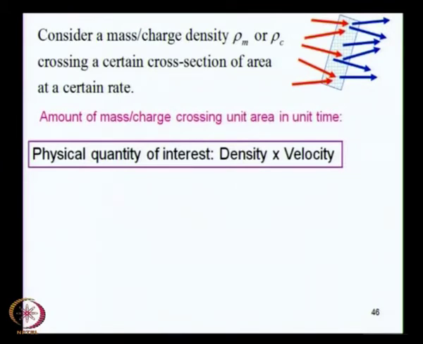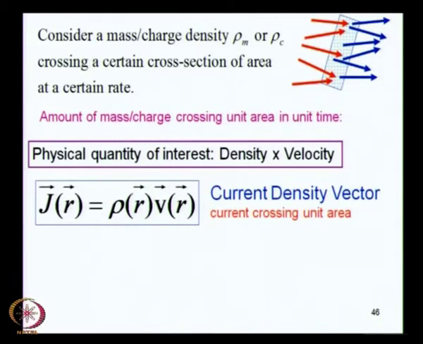Essentially, it is density times velocity, and it is called the current density vector. That is what it is called. Whenever you consider the product of density times velocity, it could be the mass density, it could be the charge density, it does not matter.